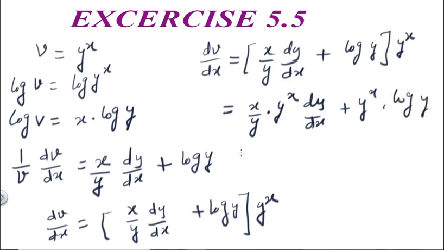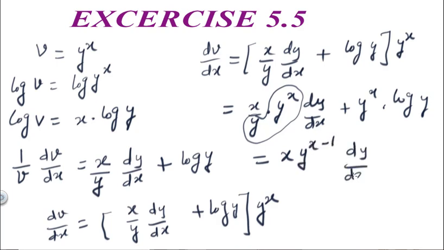What we can do is, we see here these two have the same bases and are in division. So I can write it as y to the power x minus 1 dy by dx plus y to the power x log of y. So we'll name this as third equation. Correct?